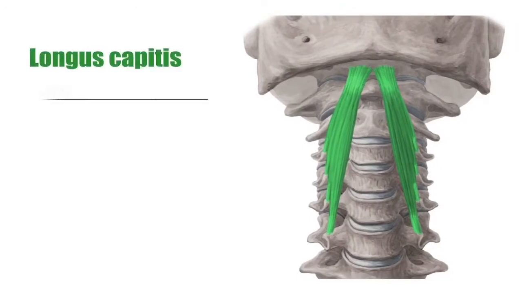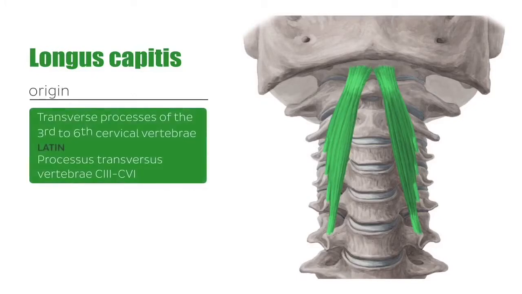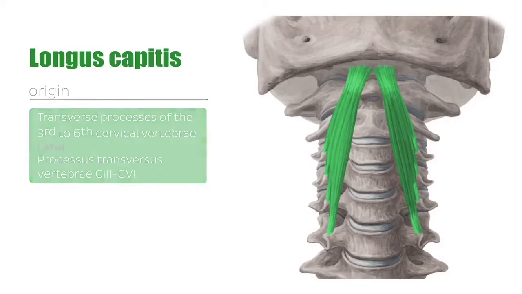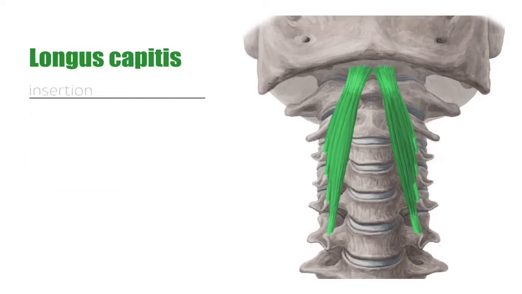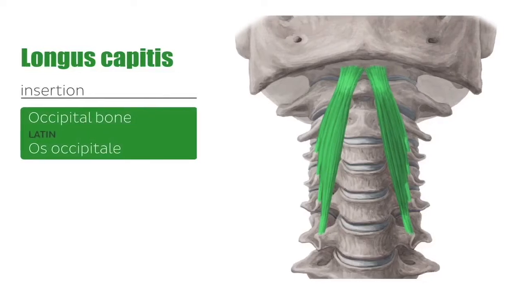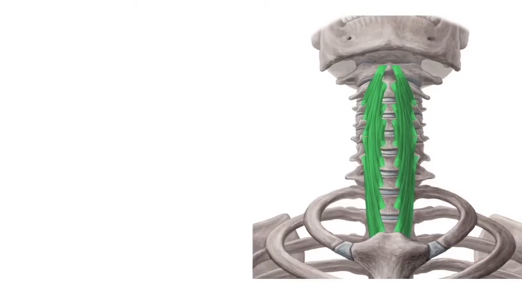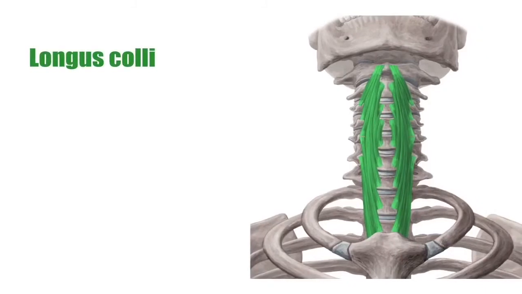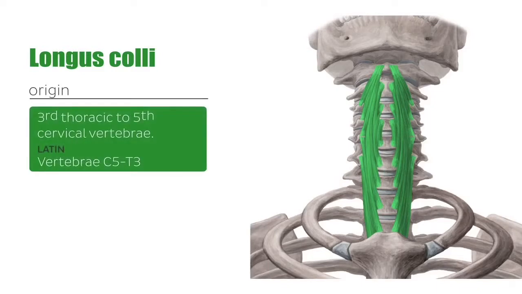When it comes to its origin, this muscle originates at the anterior tubercles of the transverse processes of the 3rd to 6th cervical vertebrae. Then it goes to insert at the basilar part of the occipital bone. If we take a look now at the longus colli muscle, when it comes to its origin, this muscle has several origins from the 3rd thoracic to 5th cervical vertebrae.